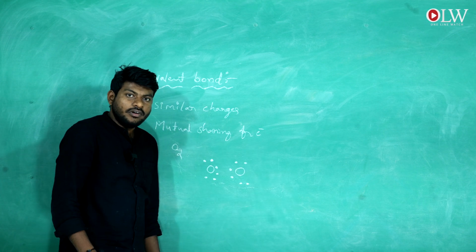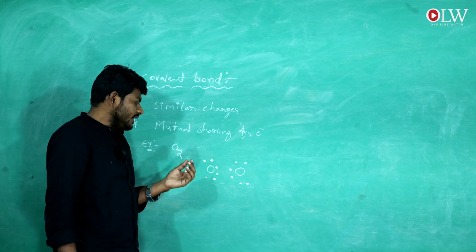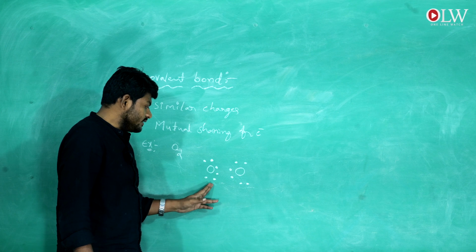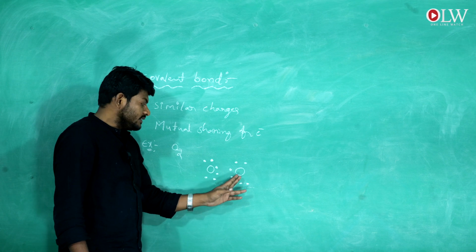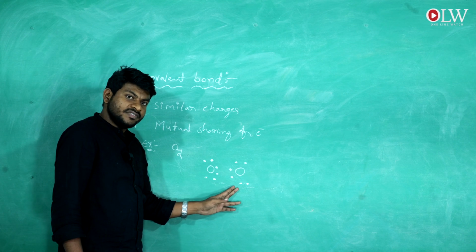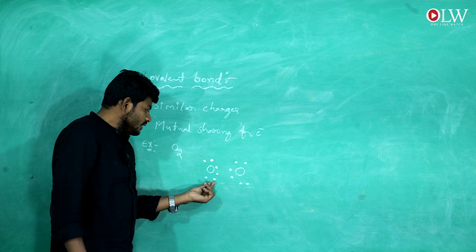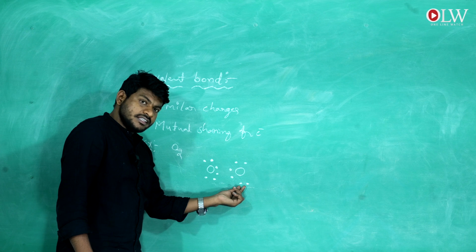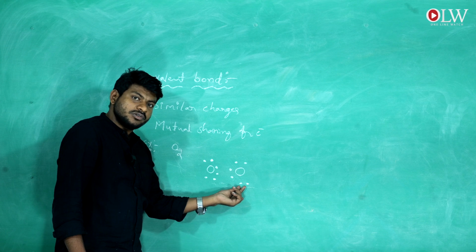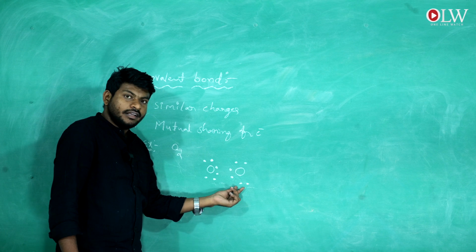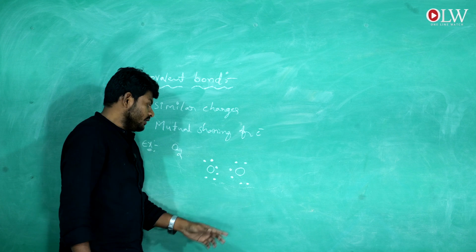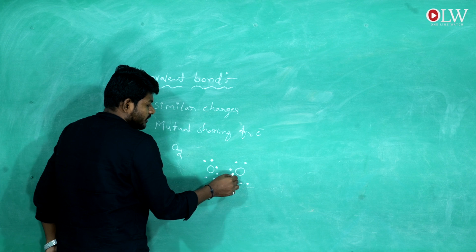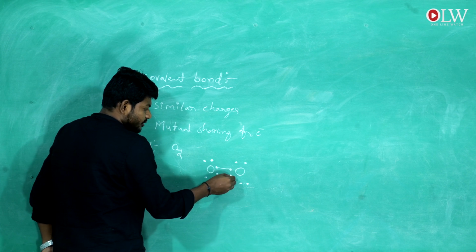According to the octet rule, every element must have 8 electrons in its outermost shell. So already this oxygen atom contains 6 and this oxygen atom also contains 6. So this oxygen atom wants 2 electrons. At the same time, this oxygen atom also wants 2 electrons for getting the octet configuration. So these two oxygen atoms share these electrons mutually.